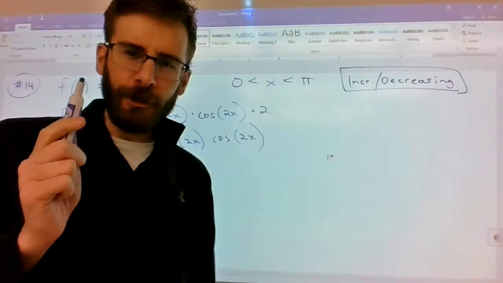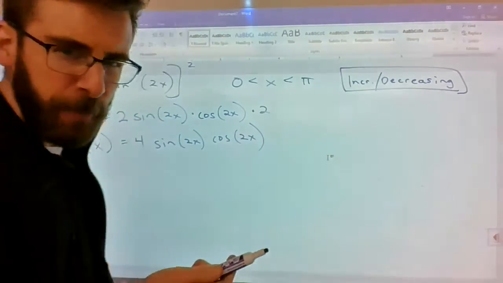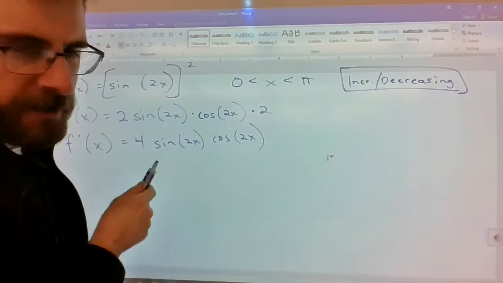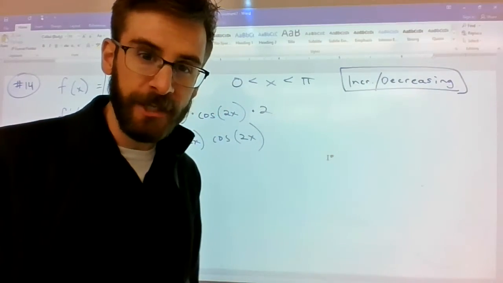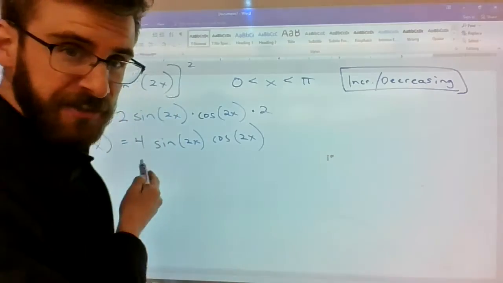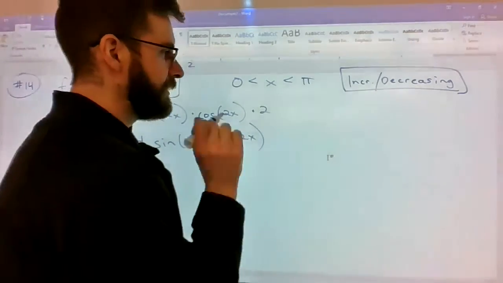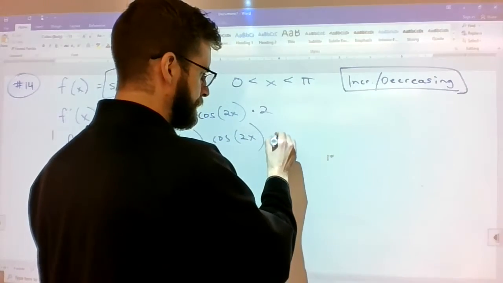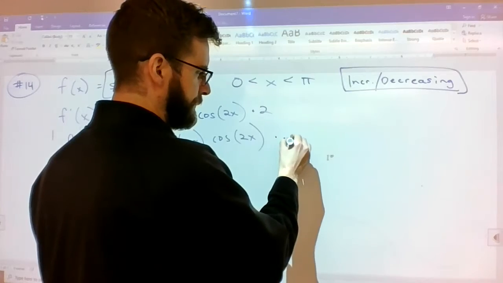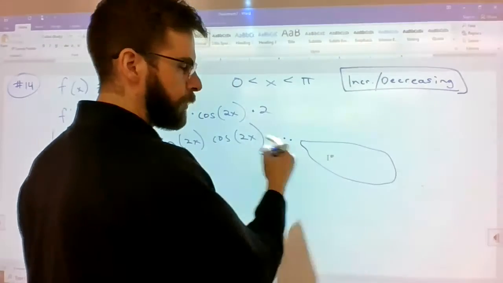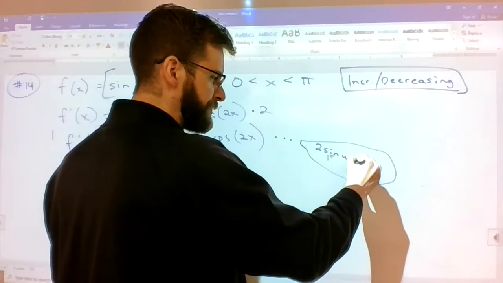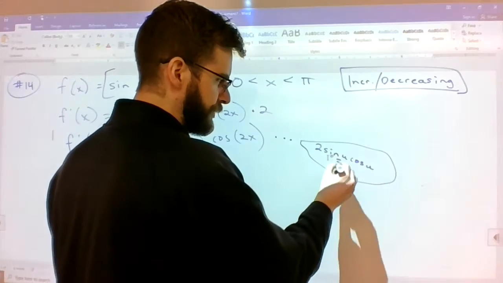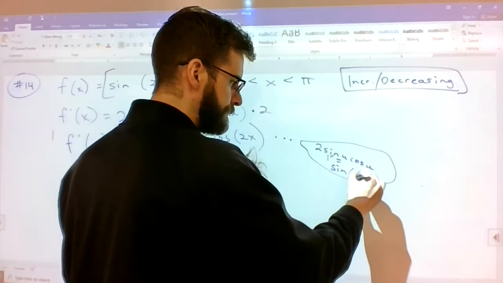Now, I'm not going to say I'm going to cheat here, but I do recognize something going on here. Remember your formula sheets from back in the day when we had trig identities? Yeah, this is a double angle formula. The double angle formula is, little thought bubble here, 2 sine of u cosine of u is equal to the sine of 2u.